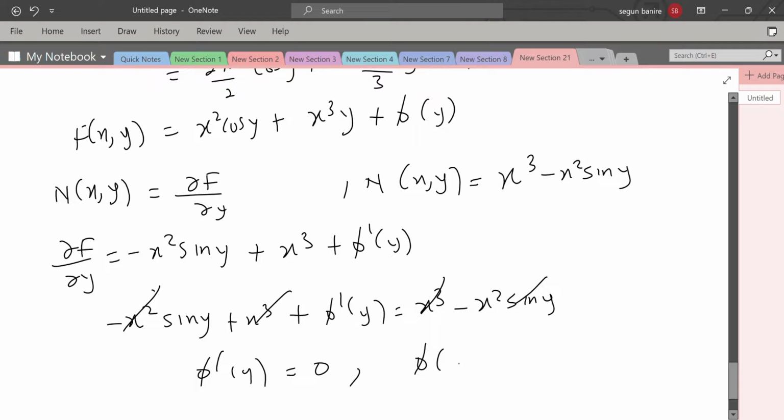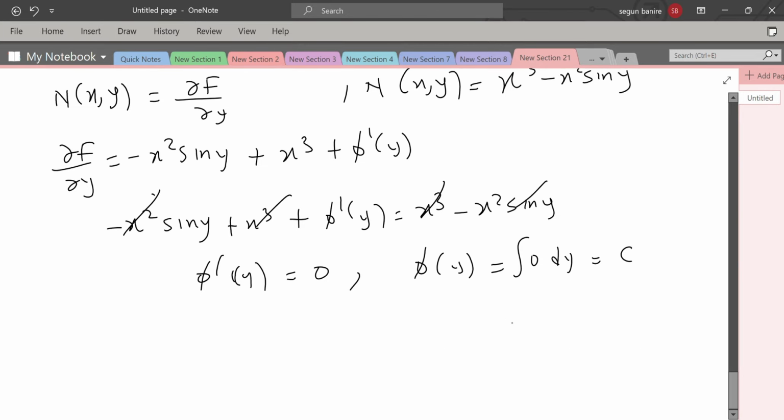So what is phi of y? You integrate 0 with respect to y, you get a constant. When the first derivative is 0, it means that the function itself is a constant. So let's go back to our f of x comma y that we got.